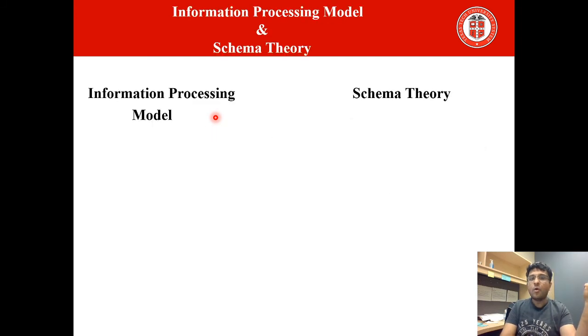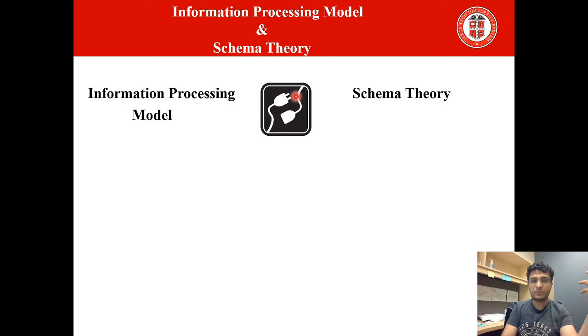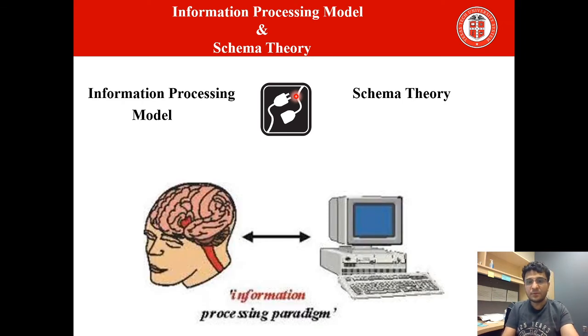Now, whatever we have talked about so far regarding the information processing model and schema theory, let's try to bring them together and see what the common things are. So if we tie these two things together, this diagram I feel really defined things well.